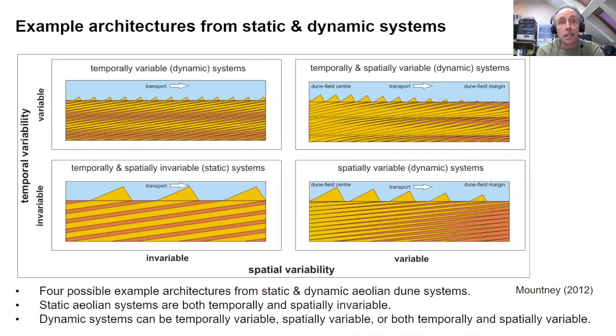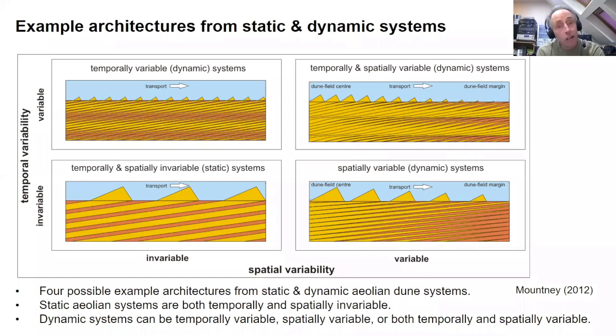We see dunes which are migrating and climbing, but they're giving rise to so-called tramline architectures, very repetitive and predictable architectures that are rising very slightly through the stratigraphy. So that's temporally and spatially invariable. Nothing's changing much over time.